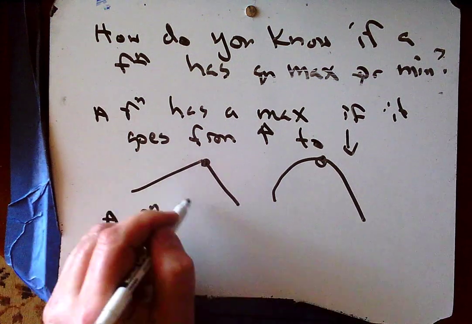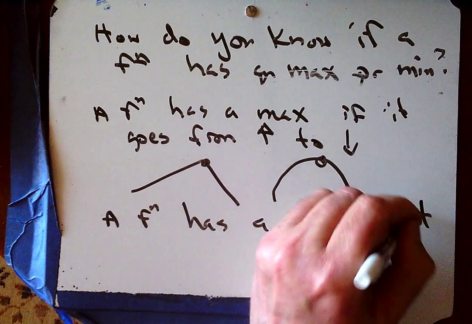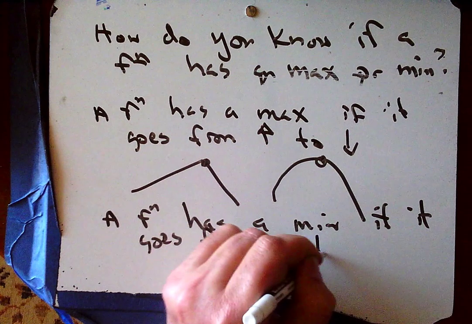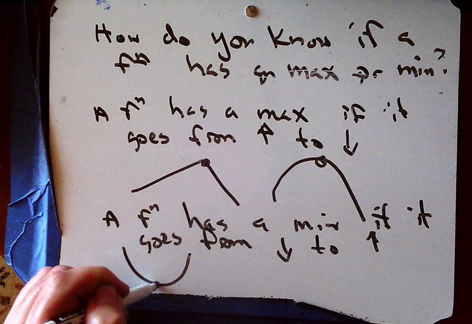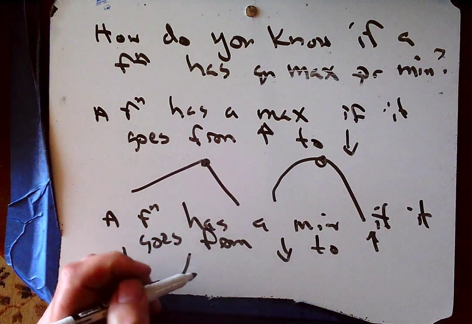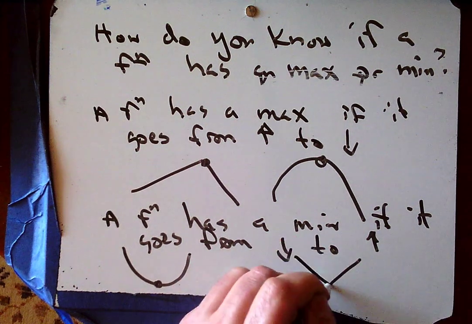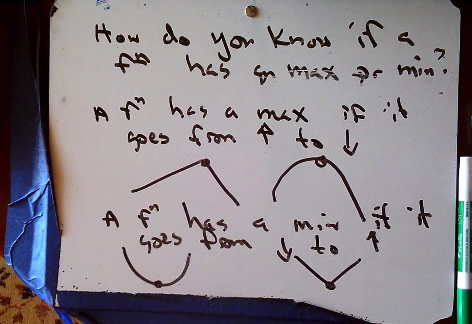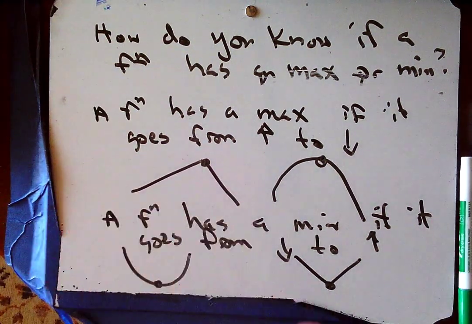A function has a minimum if it goes from decreasing to increasing. So we know a function has a minimum when that function goes from decreasing to increasing. We know a function has a maximum when that function goes from increasing to decreasing.